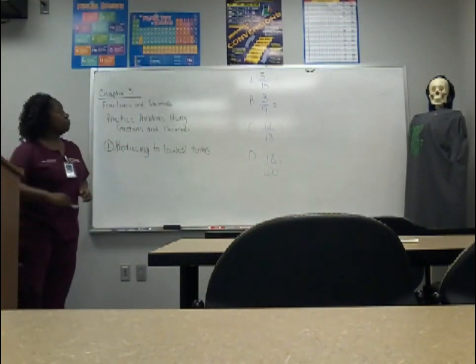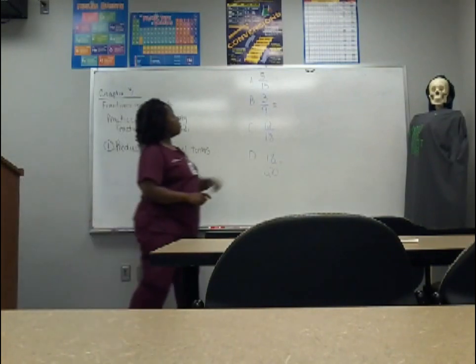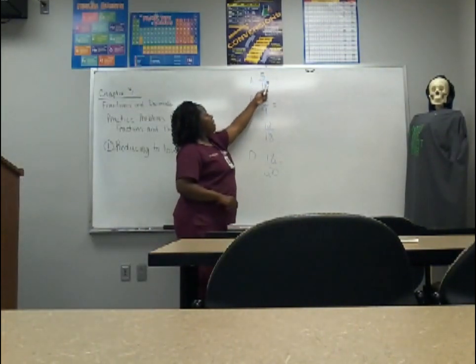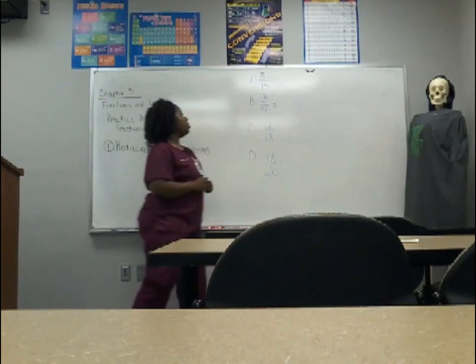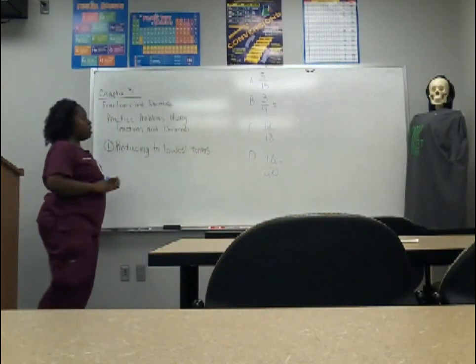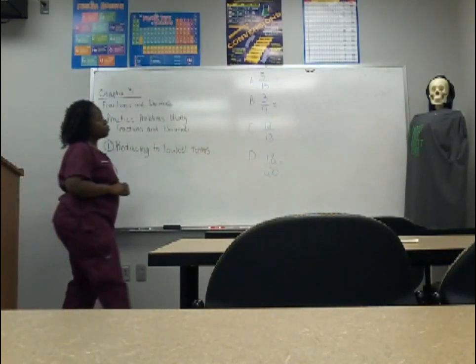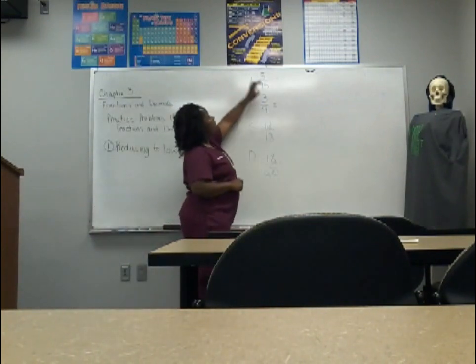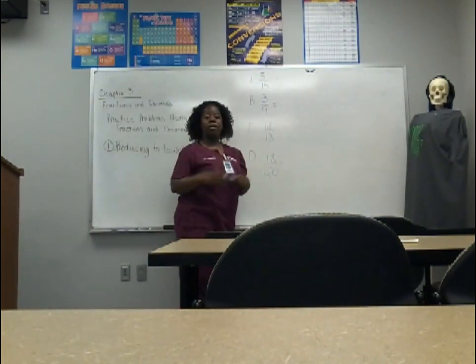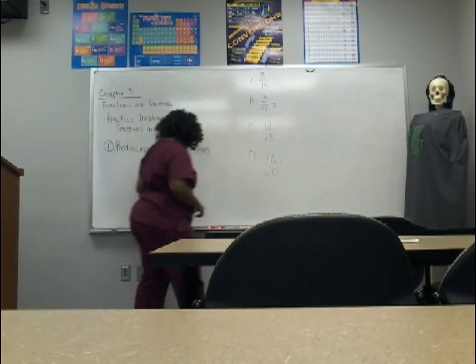Now, the first problem is 5 over 15. To reduce it to its lowest terms, you have to find out first what 5 and 15 have in common, their common multiples.